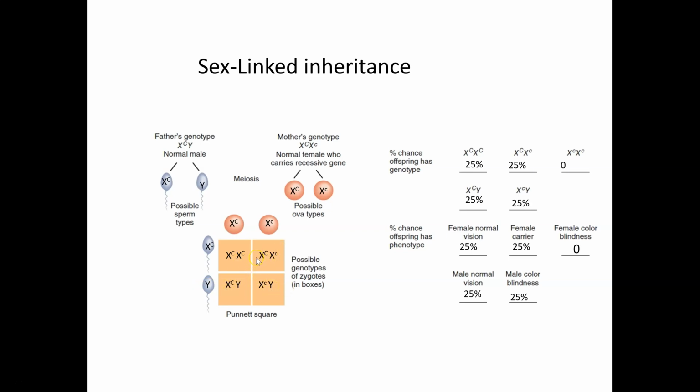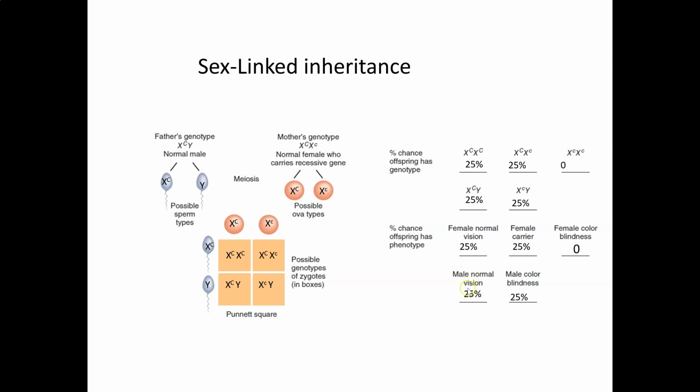Then you write up the chances of the offspring having a particular genotype: again 25%, 25%, and so on. When you get to the phenotype, the female with normal vision has two copies of the normal allele, and the female carrier also has normal vision.